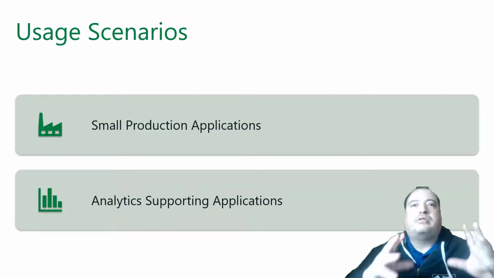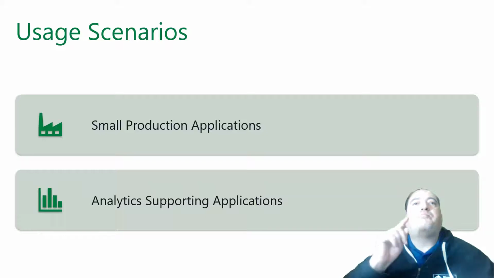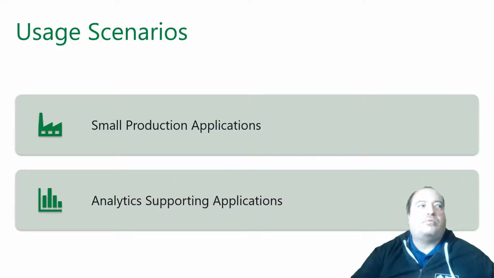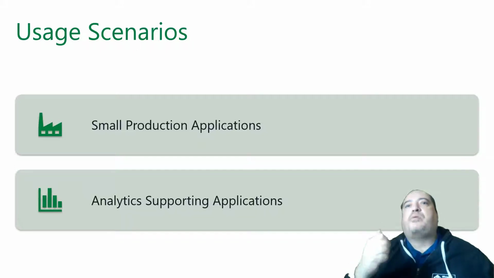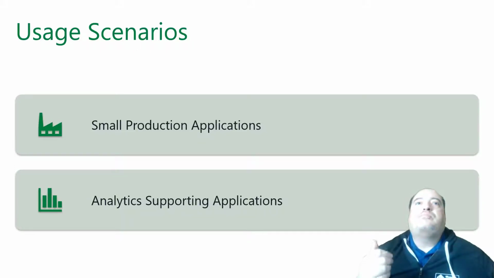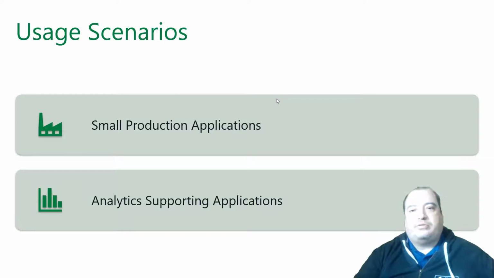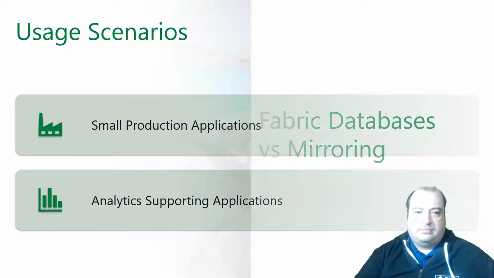This can even be combined with another powerful feature which is announced but is not available yet, the write back in Power BI, the capability to write information back to a database from Power BI reports. You could be making a write back to a Fabric SQL database. These are only some user scenarios for the usage of Fabric SQL database.